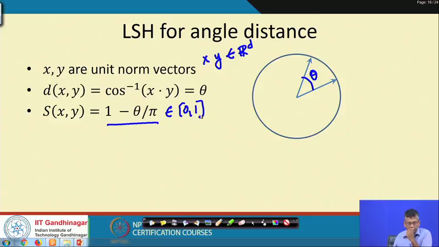Okay. So this is the similarity, and this is the distance. Here the distance is more natural to define than the similarity. Now for this particular similarity function, is there a corresponding notion of locality sensitive hashing? It turns out that there is, and it is a very clever one.